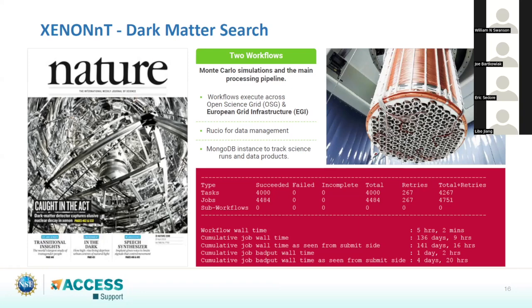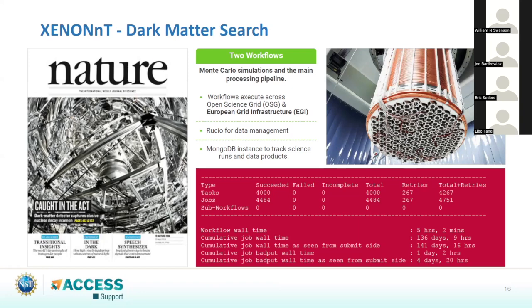So this example here is high-level information that we pull out, where in this case we can see tasks and jobs. There are 4,000 tasks and 4,484 jobs. This is the reason there are more jobs than tasks, right? We added data management and cleanup and things like that, so we ended up with more jobs than tasks.